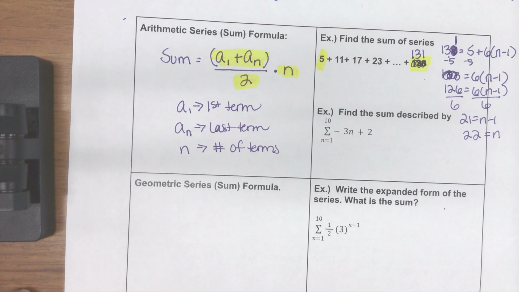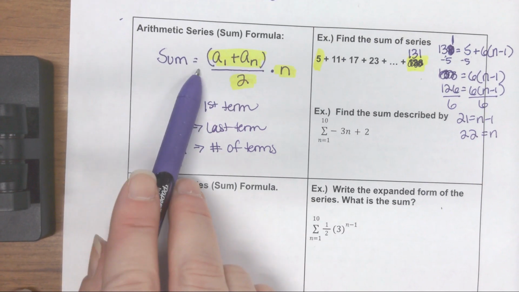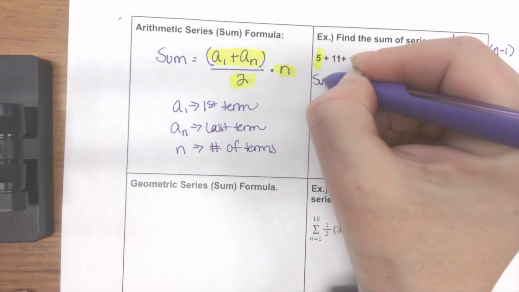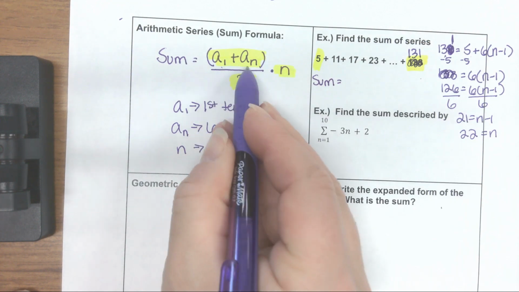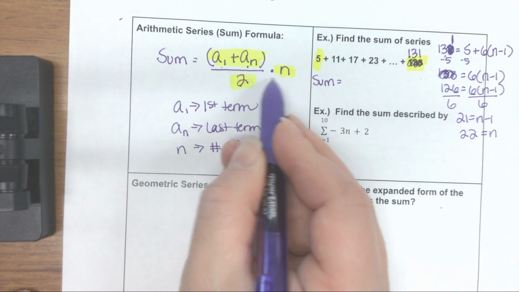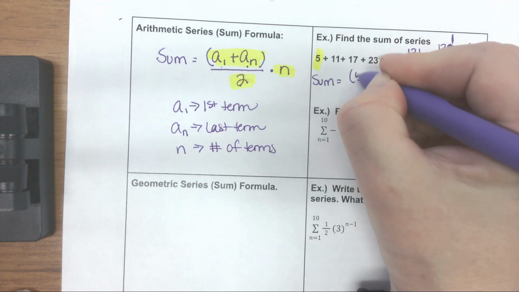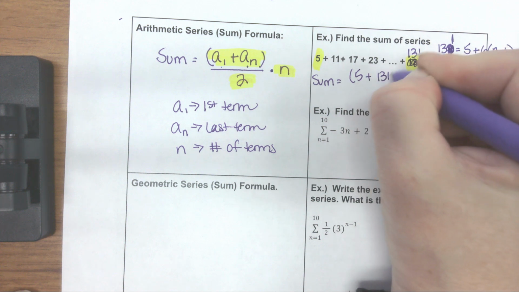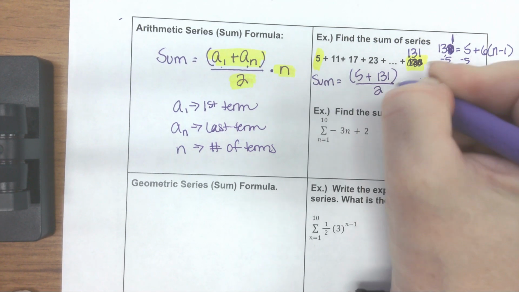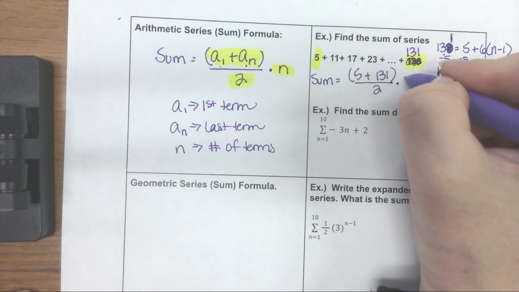Okay. All right, so now we put it in our sum formula. So the sum of this is going to be the first term plus the last term divided by 2 times n. So we got 5 plus 131 divided by 2 and then times 22.